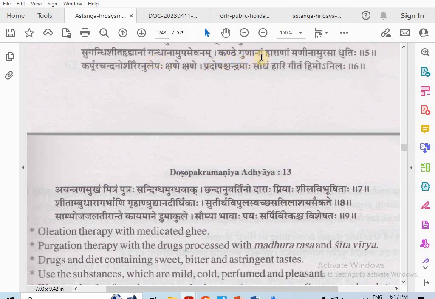Then kanthe gunanam haranam. Kanthe means in the neck. Kantha is neck. Gunanam haranam, beautiful hara. Hara means garlands. So here you wear garlands on the neck. Which type of garland? Then they said maninam urasa drutihi. Maninam means gems. What is the meaning of mani? Gems.